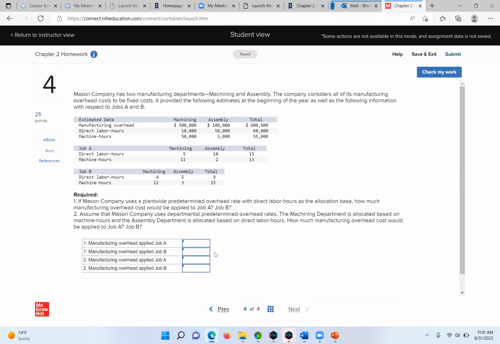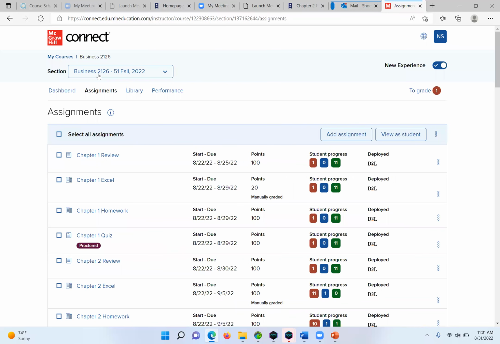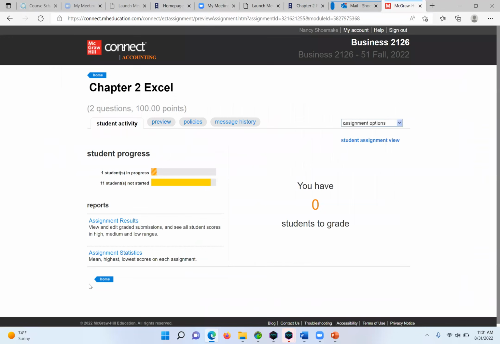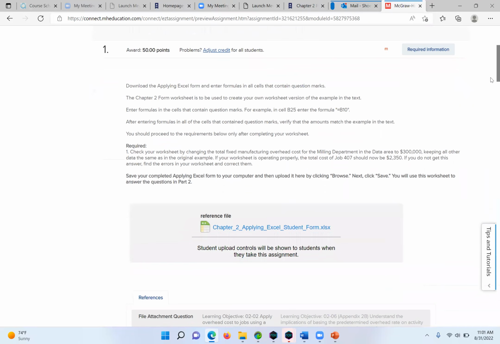Now, the Excel that you will submit for this week, these Excels are pretty darn straightforward. With the Excel, you're going to pull that up, check your worksheet, and change the total fixed manufacturing overhead cost for the milling department in the data area to 300,000, keeping all the other data the same.